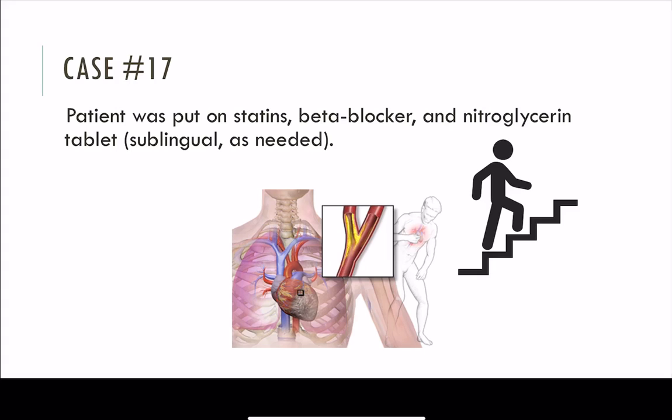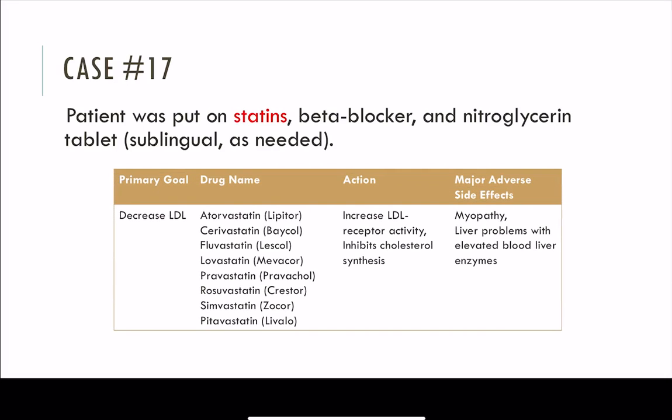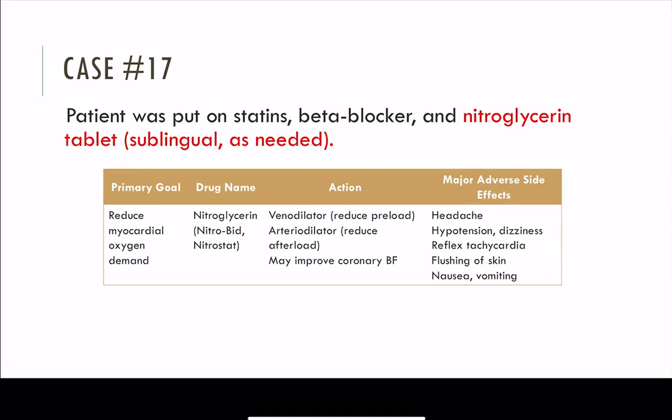So for our patient who had a long list of risk factors and was experiencing classic signs of angina for a woman, she was put on statins, a beta blocker, and nitroglycerin tablet sublingual as needed. So statins are brought on board to help lower their LDL. The beta blocker we've already talked about, and the nitroglycerin tablet is basically like a nitric oxide donor.